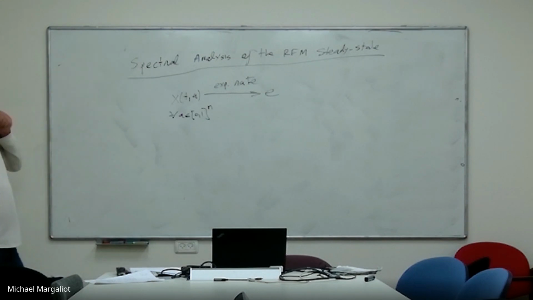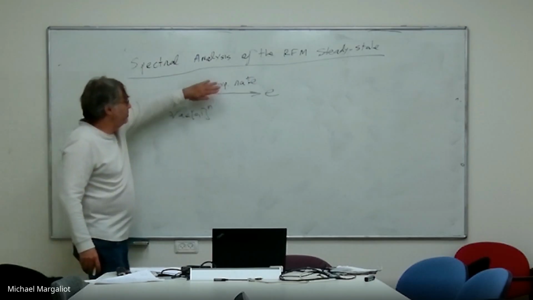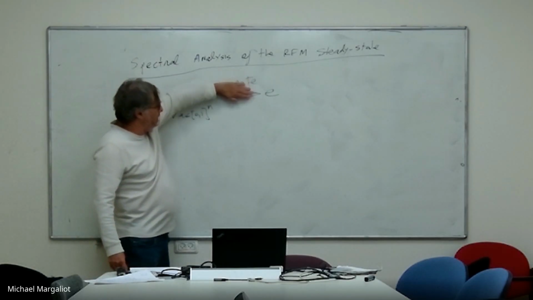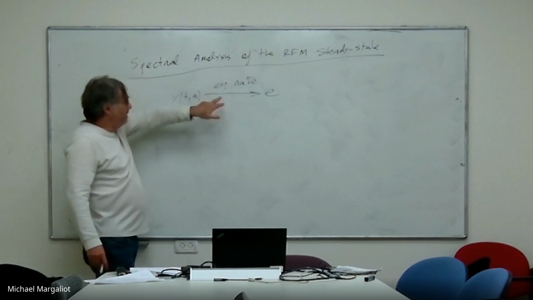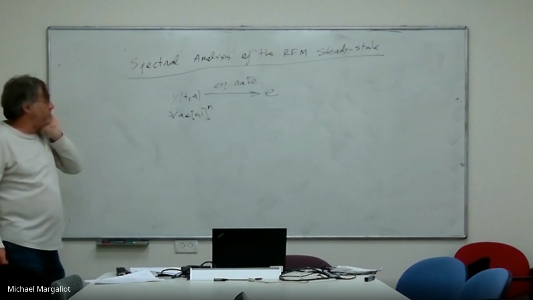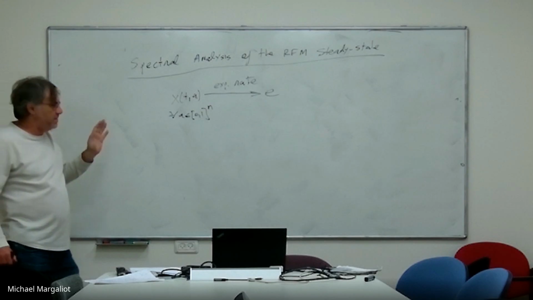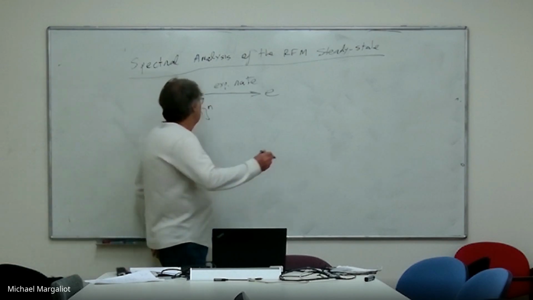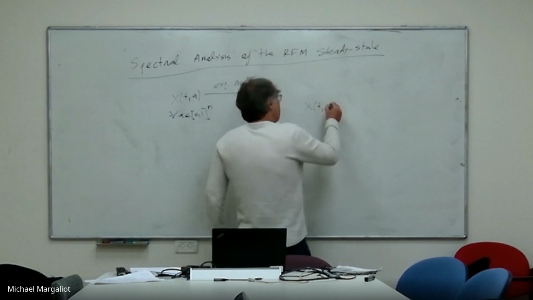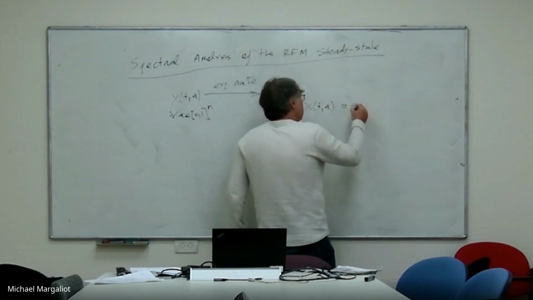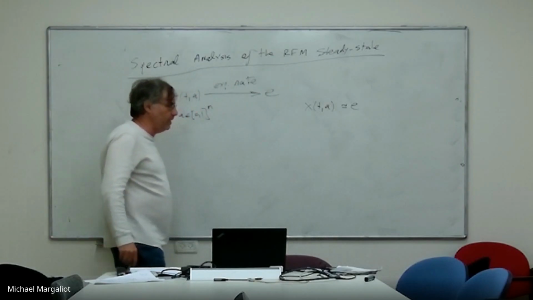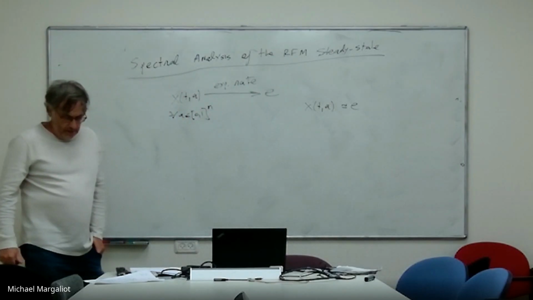And we know this from contraction theory. We also know this without the rate from Perron-Frobenius theorem. But if this converges at an exponential rate, this means that after a relatively short time, x(t,a) is already very close to e, to the steady state e.